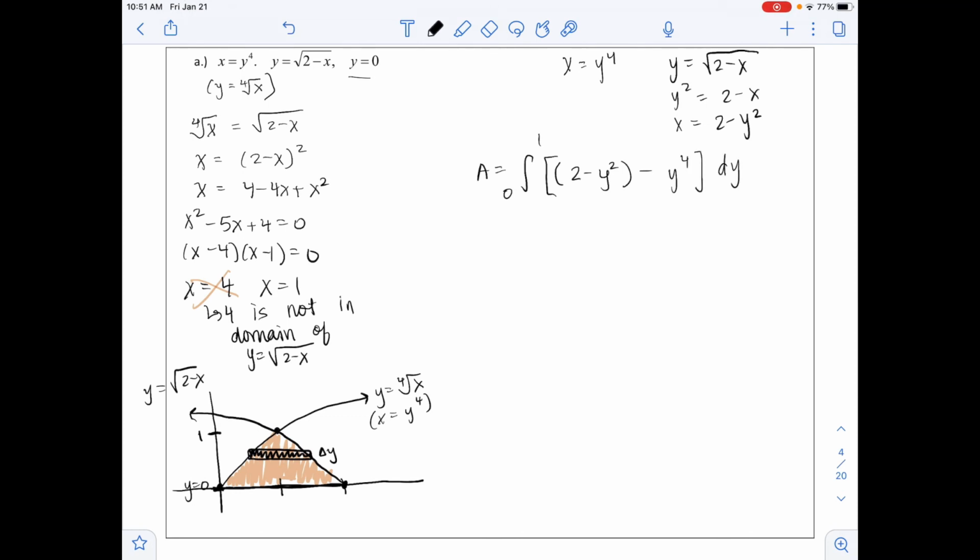And then again, dy, since we are integrating with respect to y. It's not much you can combine here. I will write it a little bit nicer though. We do have the integral of 2 minus y squared minus y to the fourth dy.